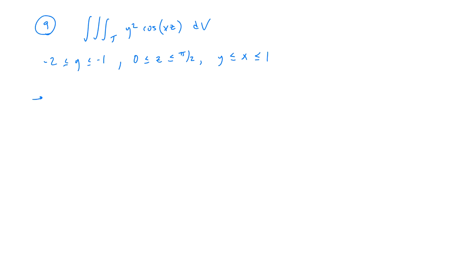So in theory, we can do this in any order we want, but unless we want to redraw it to see what this picture looks like so we can reorder it, which variable do we not want to be the outermost one? x, right? Because for x we have the limits in terms of y, which means it can't be the outside integral, because the outside integral limits should always be constants, which means this has to be one of the inner ones. In particular, it needs to be before dy.